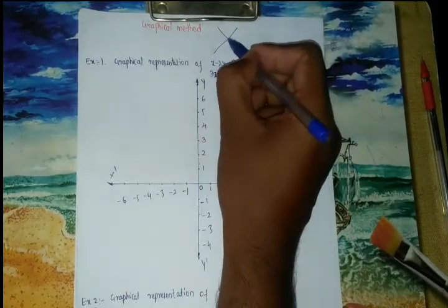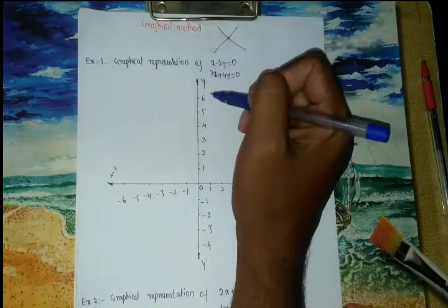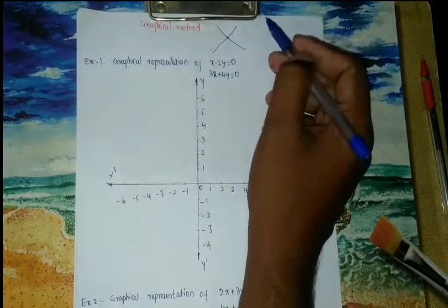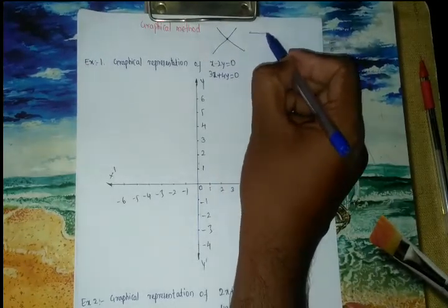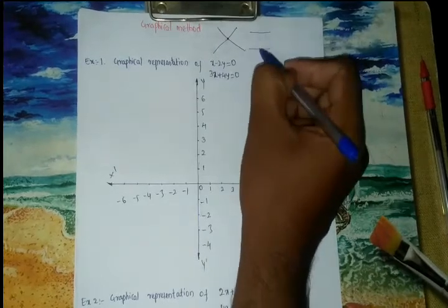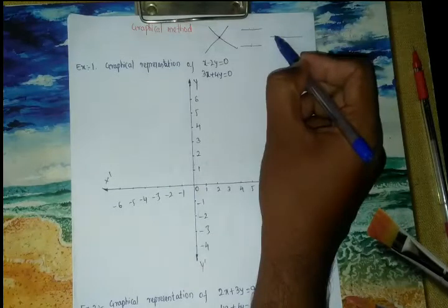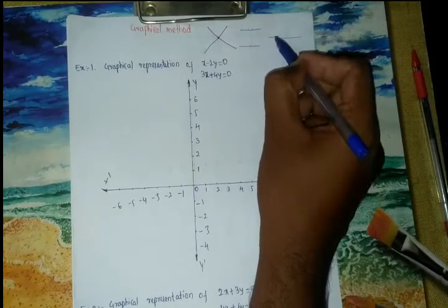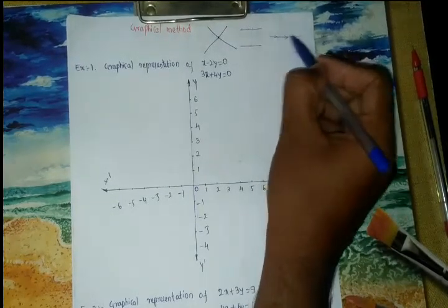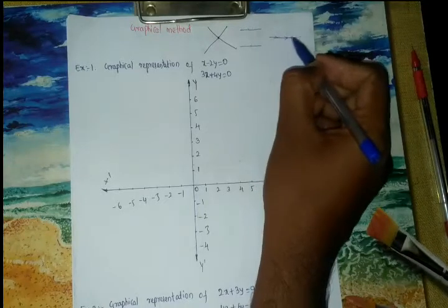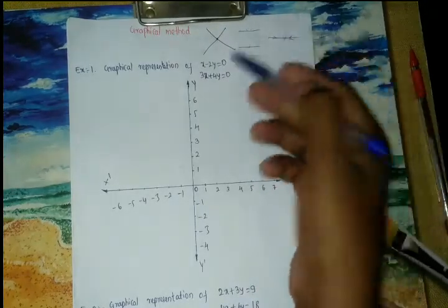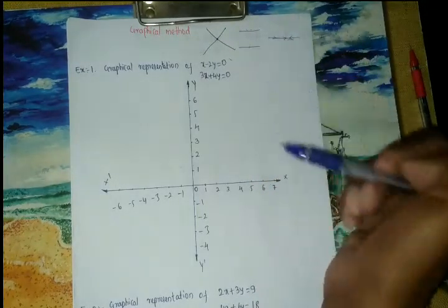So these two lines will intersect at a common point. One more possibility is that the two lines may be parallel to each other. And the third possibility is that the two lines coincide.